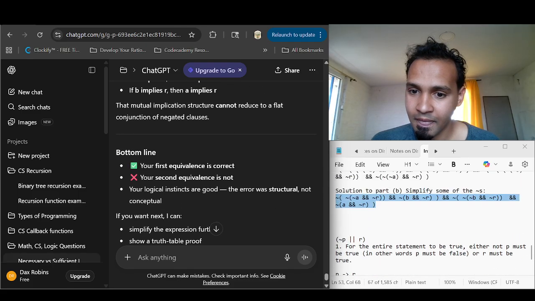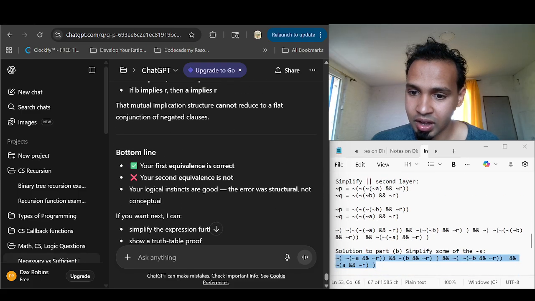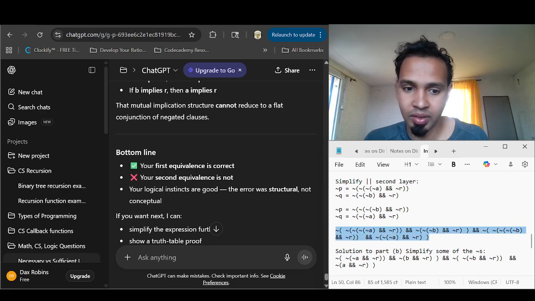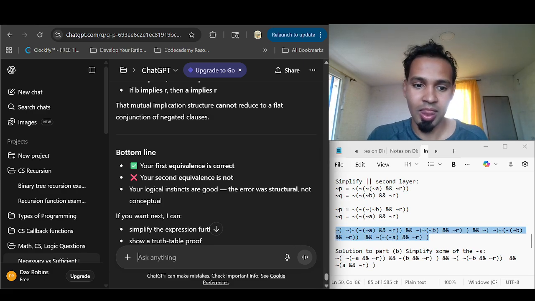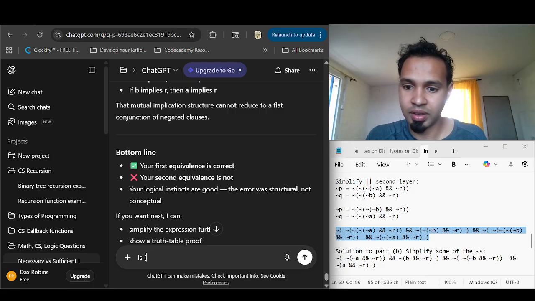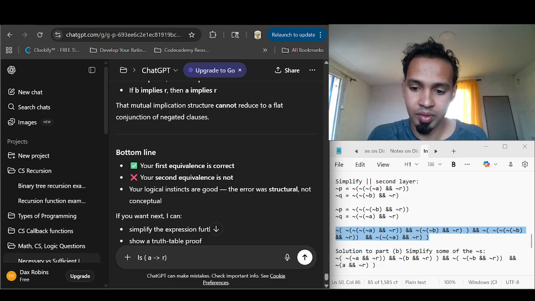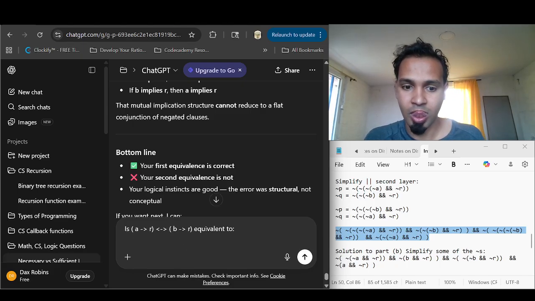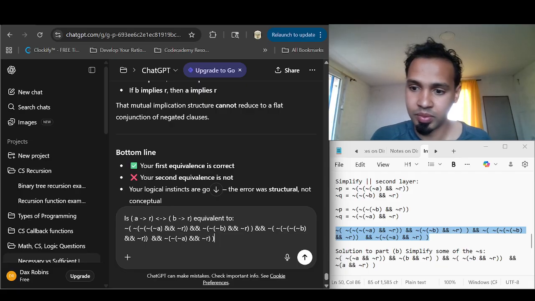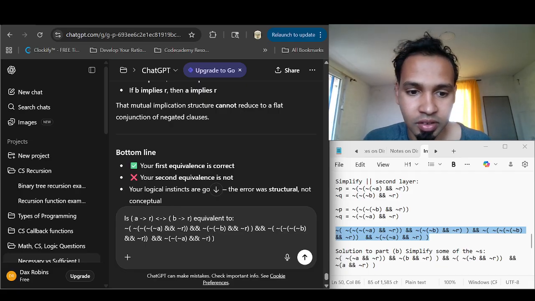Okay. I was trying to simplify these knots. I think it's A R, B R, equivalent to, let's try this one without simplifying the knots.